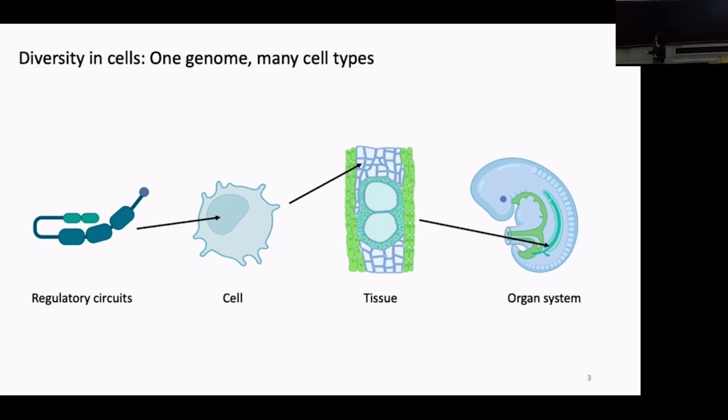And these genes define the function of the cell. These cells are different, and together they can shape tissues, and then tissues can shape organs. One of the important questions in biology is how these organs are developed and what are the regulatory circuits underlying this formation process.